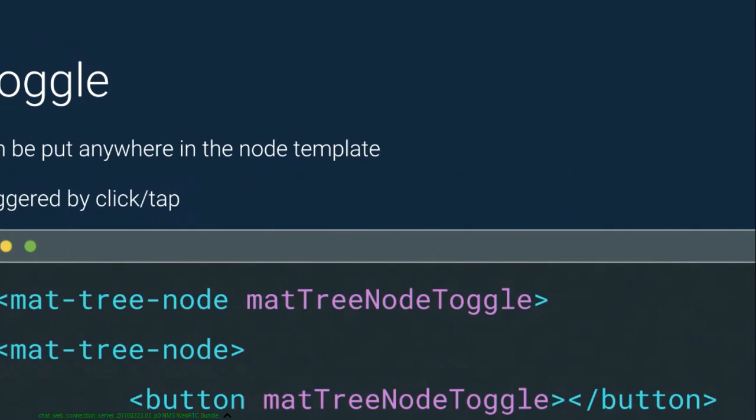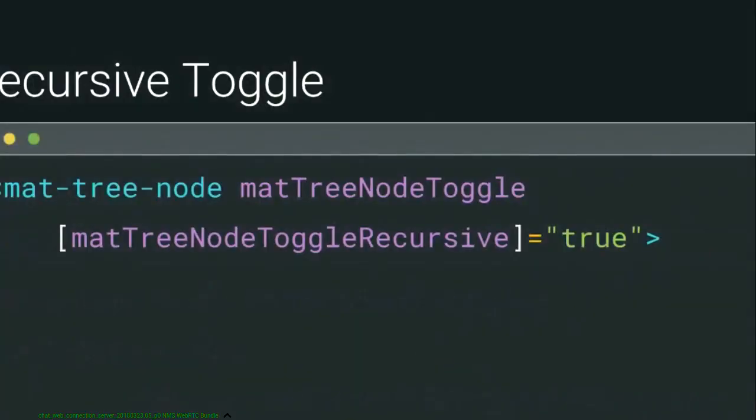You can also put multiple toggles if you need. And we can change whether the toggle is recursive or not by mat tree node toggle recursive. And if it's recursive, toggle node will also toggle all the descendants.